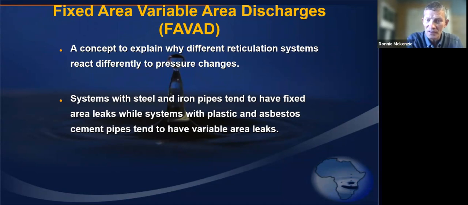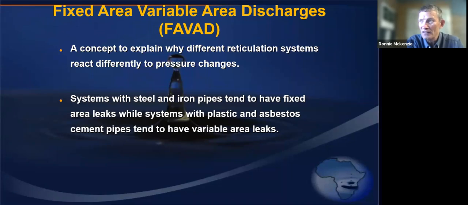And it's sometimes difficult to understand what is driving that impact. I think Alan Lambert and John May many years ago came up with the acronym FAVAD, which stands for Fixed Area Variable Area Discharges.